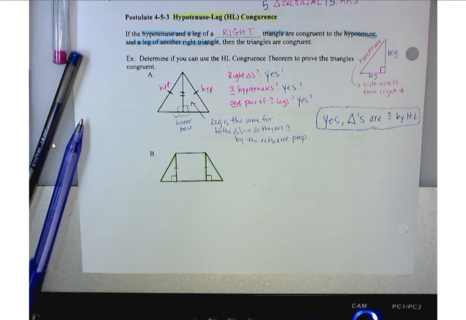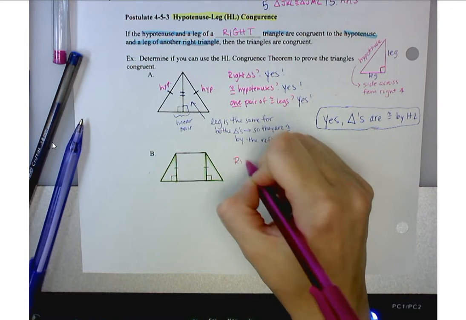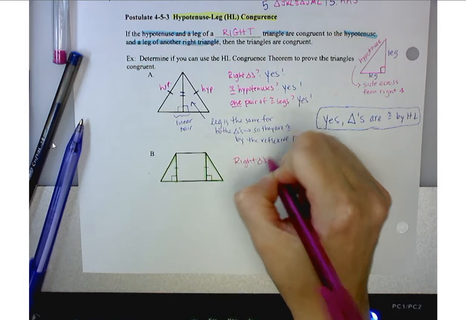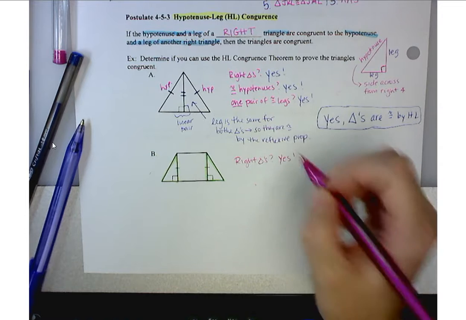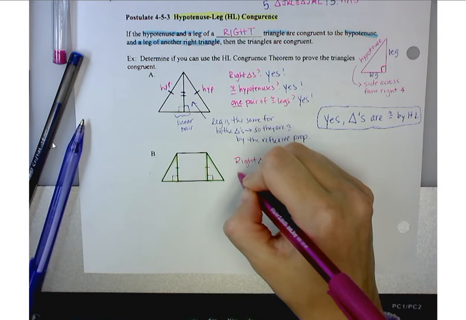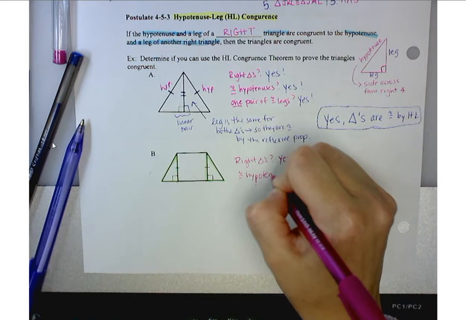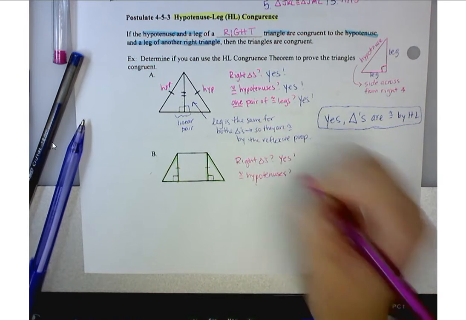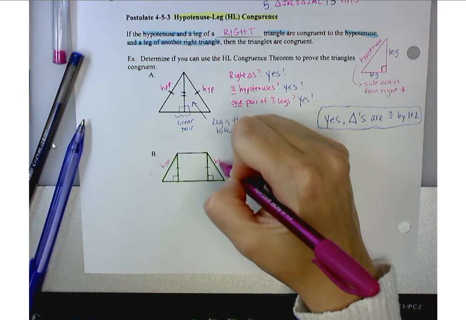All right, so let's go through our checklist. Do we have right triangles? Yep, okay, so far so good. Do we have congruent hypotenuses? Right, this is the hypotenuse, right? This is the hypotenuse, okay, maybe.